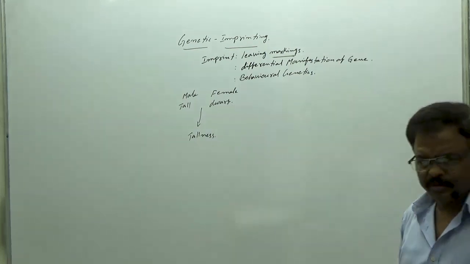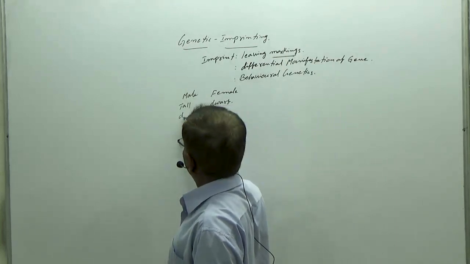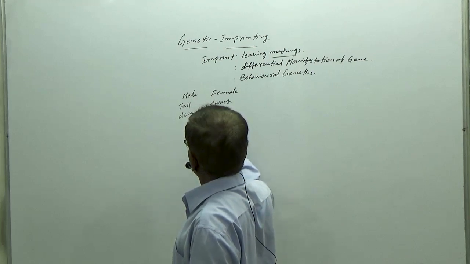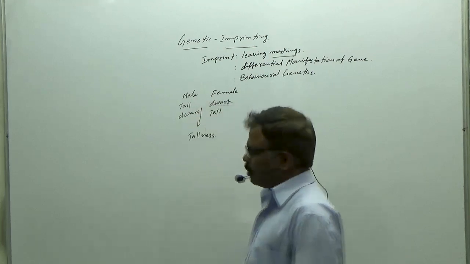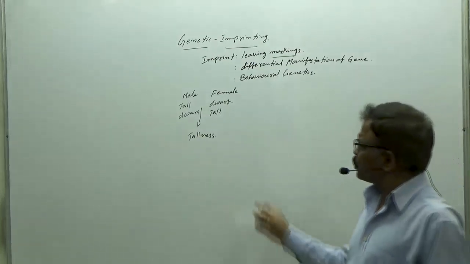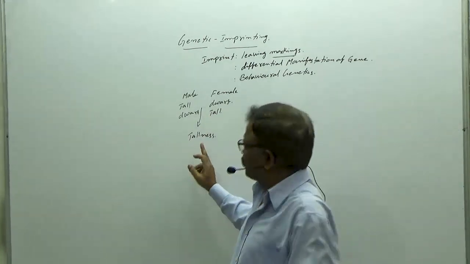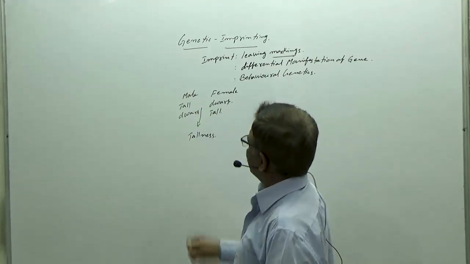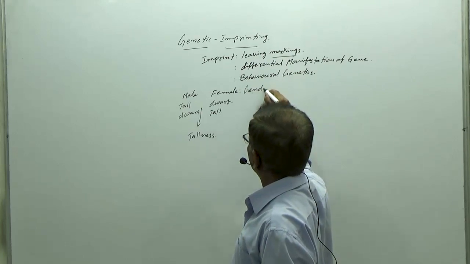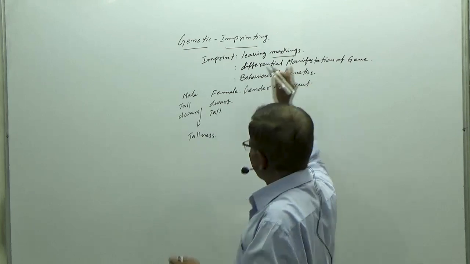This is the normal rule. No, if father is dwarf, mother is tall. In that case, reverse also, result is same. I mean, here the gender of parent is not the criteria.